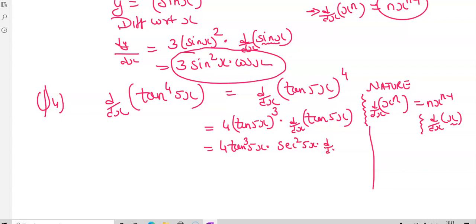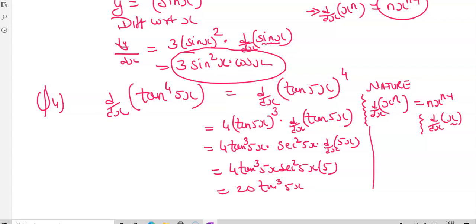Then I have to deal with the angle. Tan cube 5x sec square 5x.